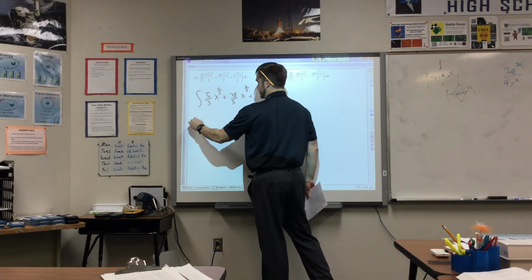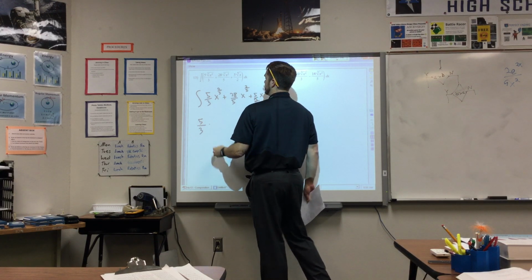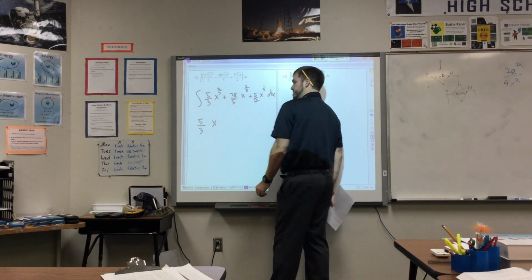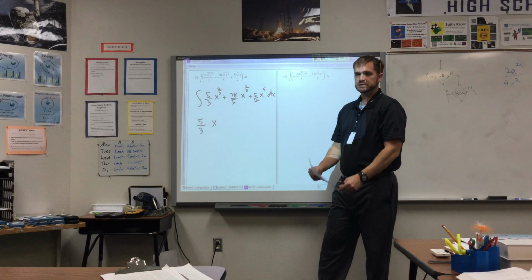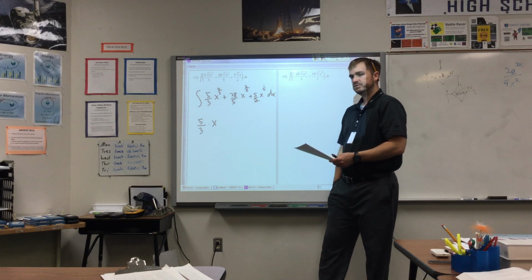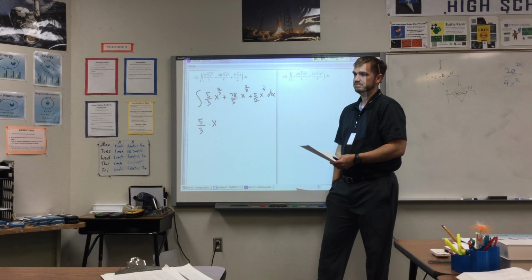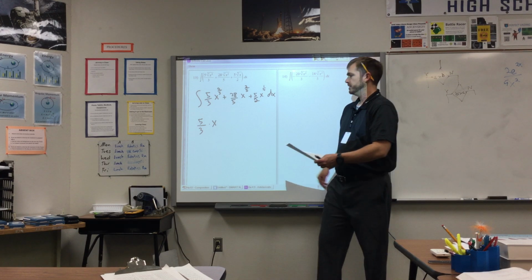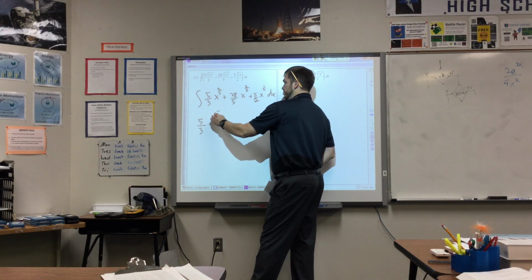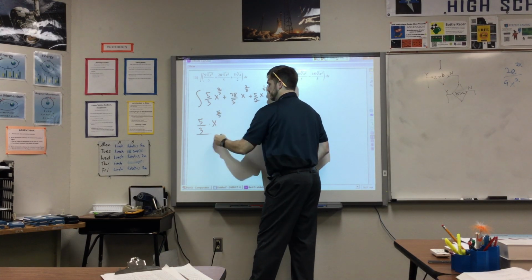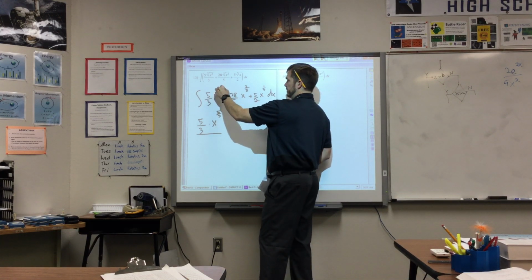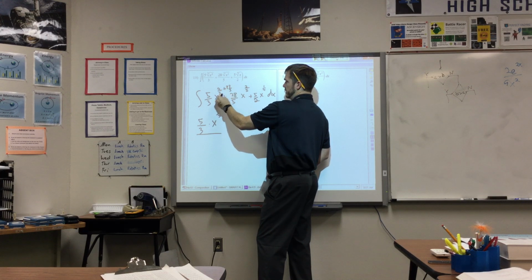So constant multiple rule, keep the 5/3 out front, times x. We're going to need all our fraction skills here. What is 2/3 plus 1? 5/3. It is 5/3. If you're not sure, use a calculator. Or, right, plus 1, which is 3/3.